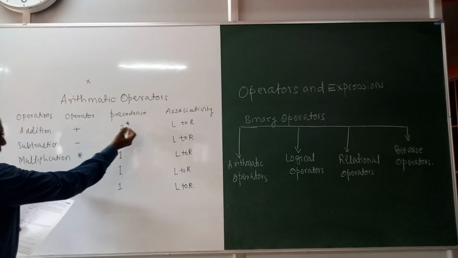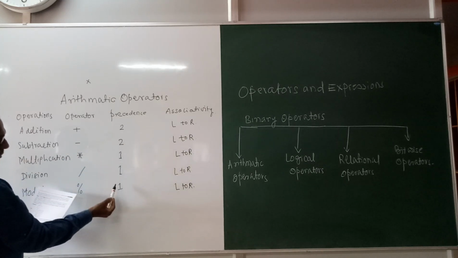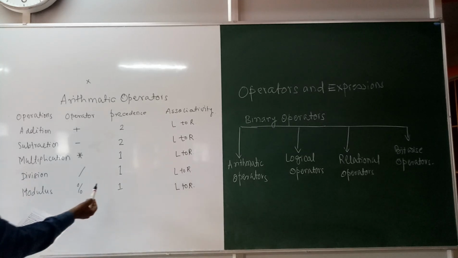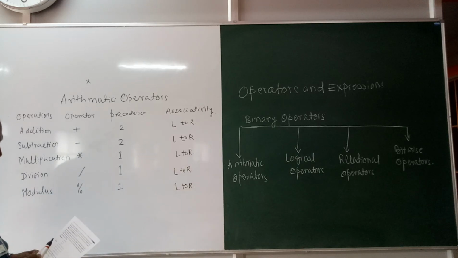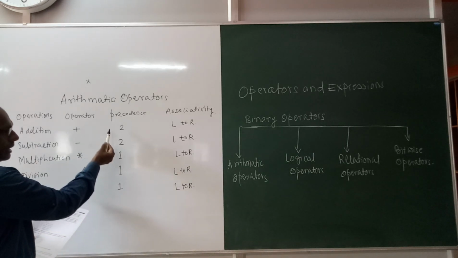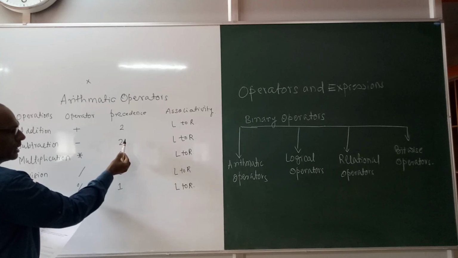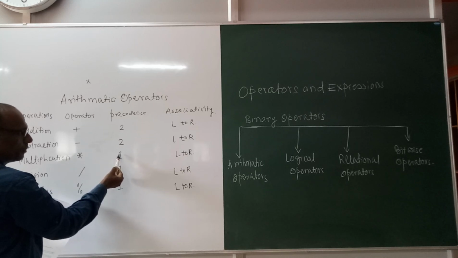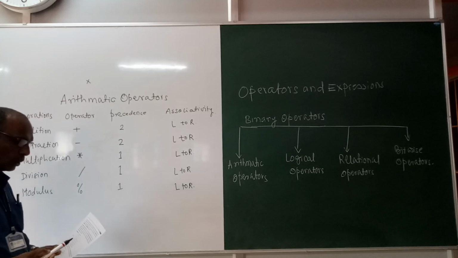Here, in this precedence, the lowest number indicates higher priority. The higher the number, the lower the priority. Precedence in C language: if the number is higher, say 2, 3, then its priority is less. If the precedence has a lower number, the priority is more.